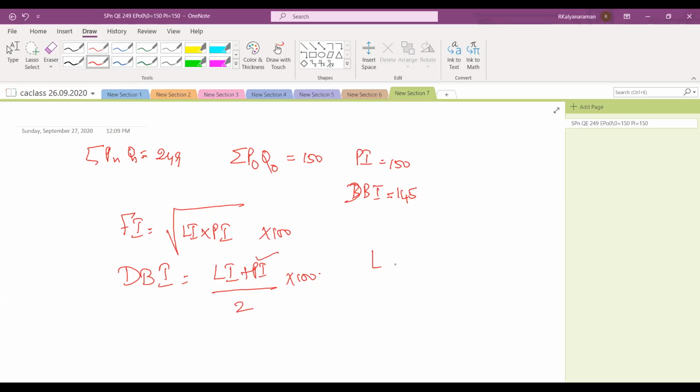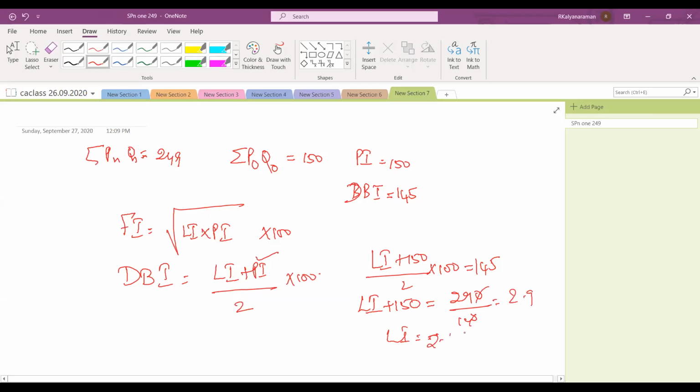So Li plus 150 by 2 into 100 is equal to 145. So Li plus 150 is equal to 290 obviously by 100. So this is 2.9. And Li will come negative because of this, 2.9 minus 150.